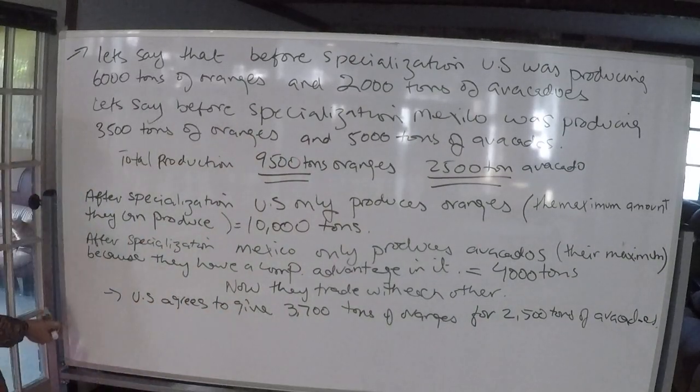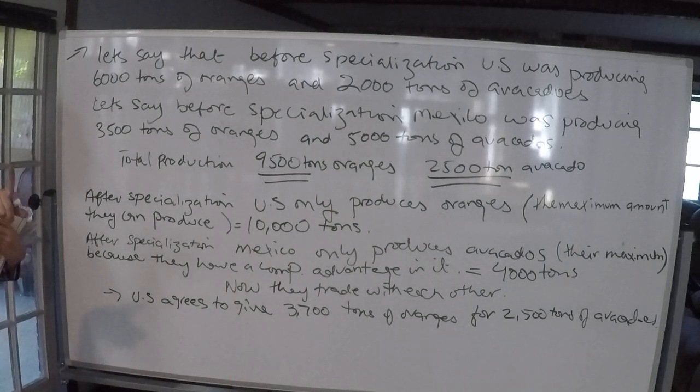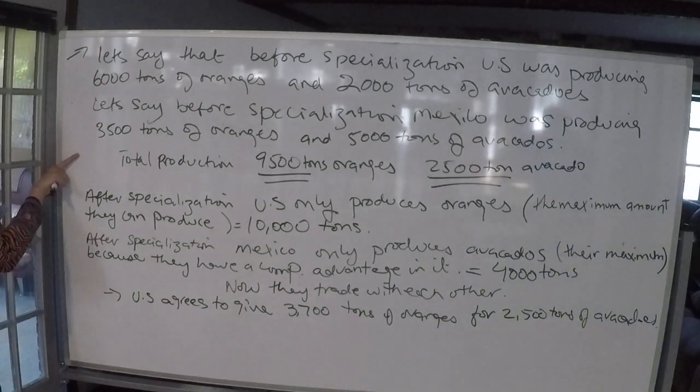So US agrees to give 3,700 tons of oranges for 2,500 tons of avocados. So we're going to see what each nation is left with now and compare it to this number.